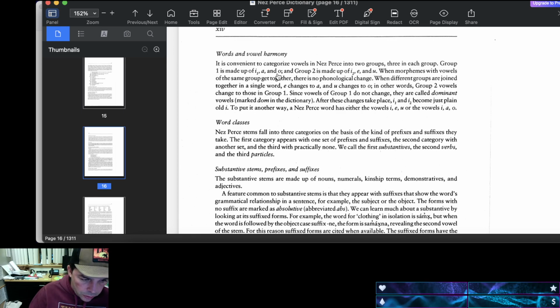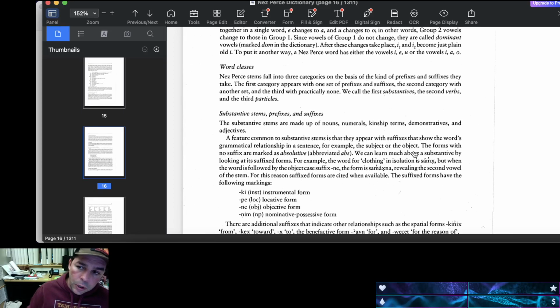A, I, and O are the strong ones, and I, E, and U are the weaker ones. So we always want those to match. When we're memorizing our verbs, we also have to memorize whether they are inherently strong or inherently weak, because how they interact with the prefixes and suffixes will change the way that they're pronounced.